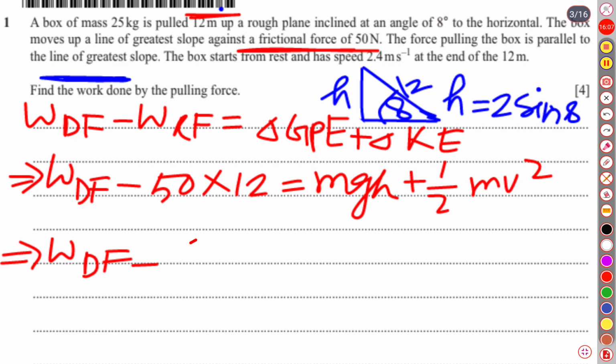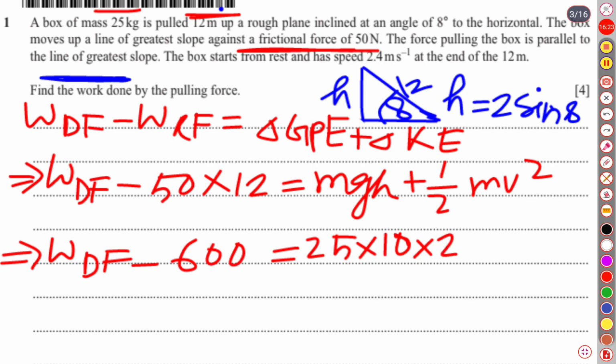Well, so it is 600 equal to the mass of the particle, which was 25 kg, the box, so 25 into acceleration due to gravity, which is 10, and the height we have already found: it is 12 sine 8.